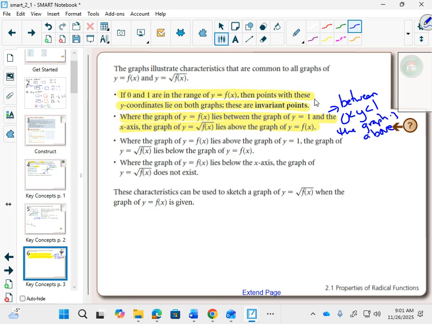If your original y values are between 0 and 1, so I'll write 0 less than y less than 1, the graph is above.